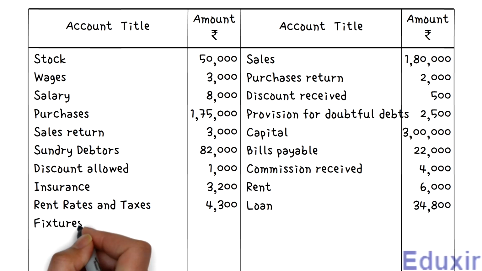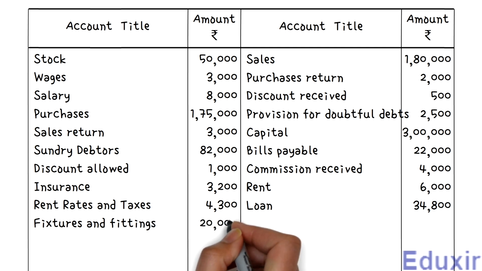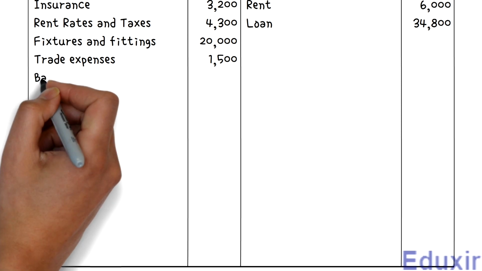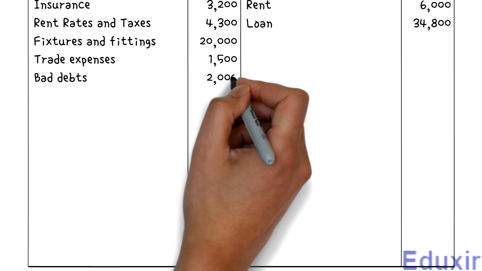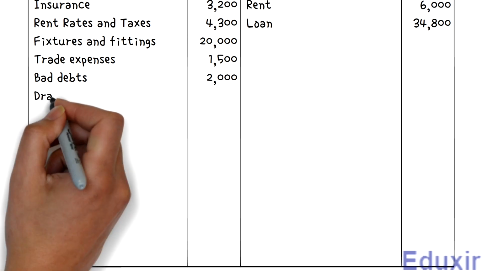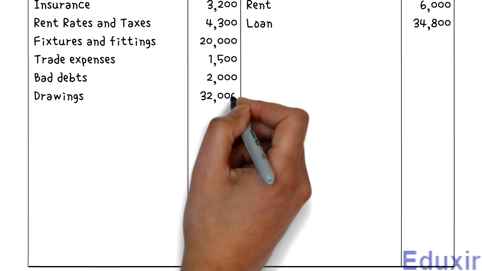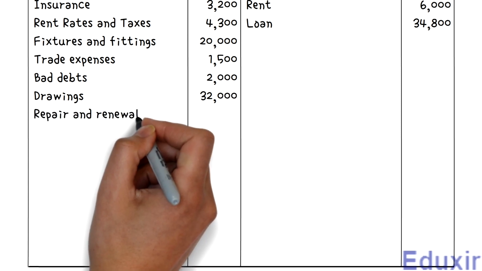Fixtures and Fittings balance is 20,000 rupees. Trade expenses balance is 1,500 rupees. Bad debts balance is 2,000 rupees. Drawings balance is 32,000 rupees. Repair and renewals balance is 1,600 rupees.